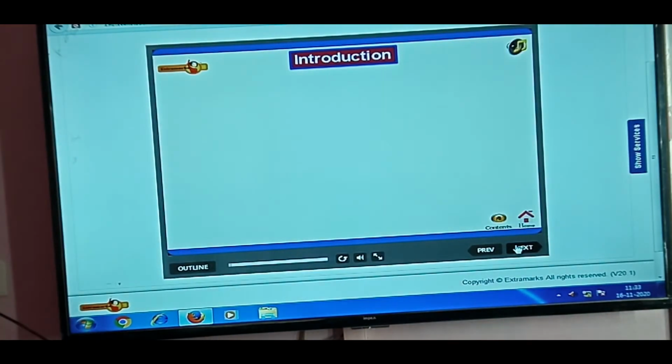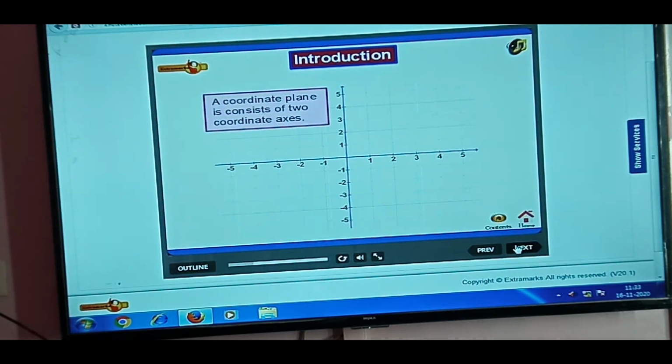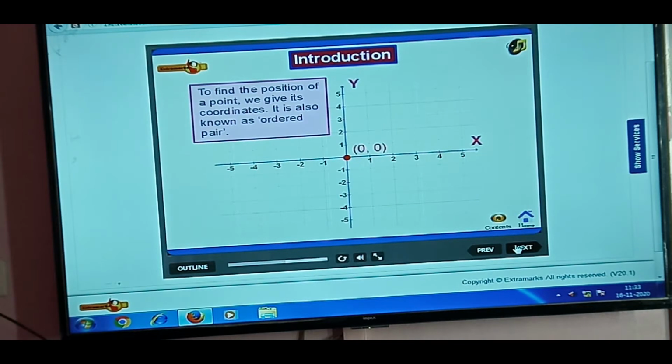Hello students, let us briefly recall what we already know about coordinate geometry. A plane containing any two coordinate axes is called coordinate plane. The intersection point of the axes is called the origin, whose coordinates are shown. The position of a point can be given by its coordinates. They are also known as ordered pair.